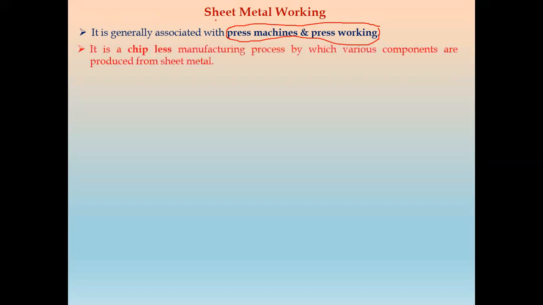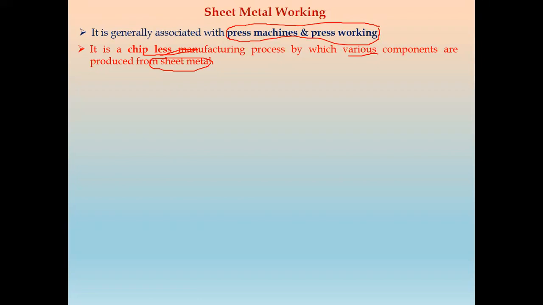Second, this sheet metal working is a chipless operation, or we can say a chipless manufacturing process, by which we can manufacture various components. They are produced or manufactured from sheet metal. In case of machining operations, chip formation will be there.